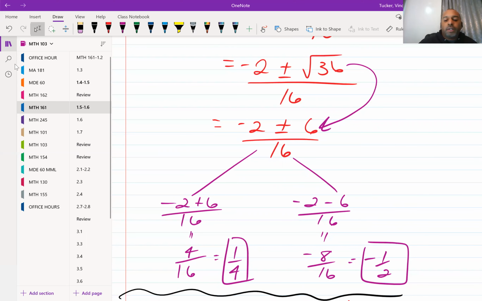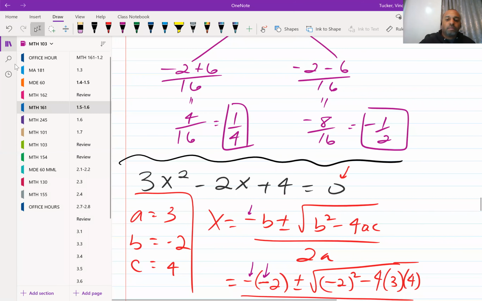All right, so let's do it again. 3x squared minus 2x plus 4 equal to 0 is already set equal to 0. So we can just go ahead and pick out what A, B, C are.